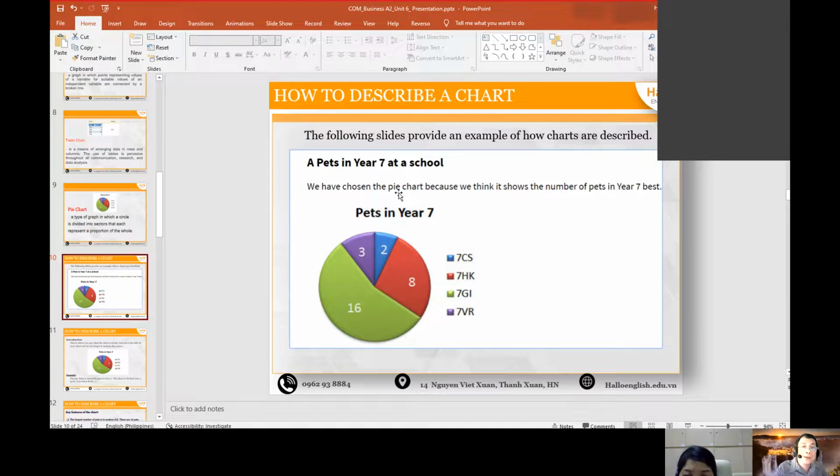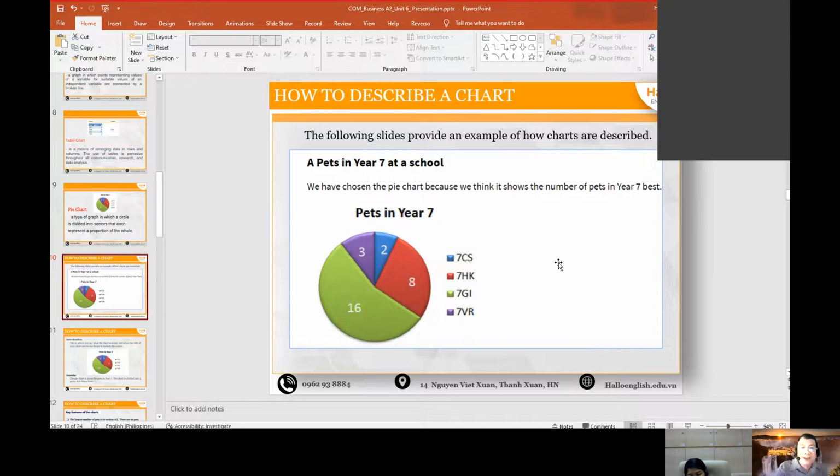We have chosen the pie chart because we think it shows the number of pets in year 7 best. So why did they decide to choose a pie chart? Because in here it's the best to describe the number of pets in year 7.